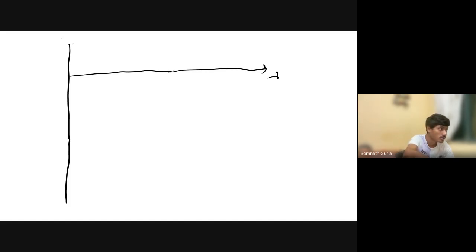Lambda, then absorbance over here, and let's suppose our UV structure is something like a shoulder over here. Okay, this is my UV structure.